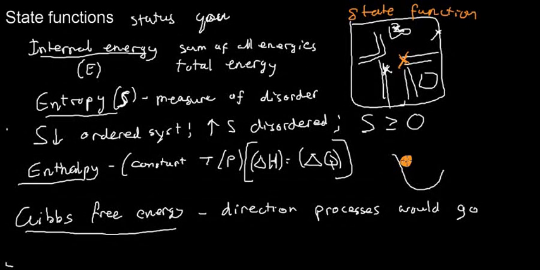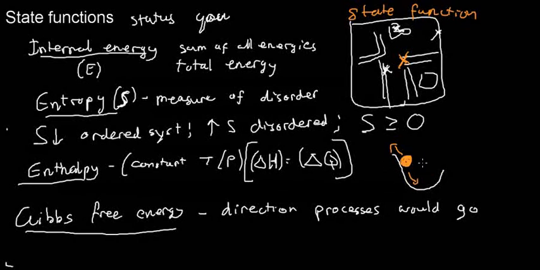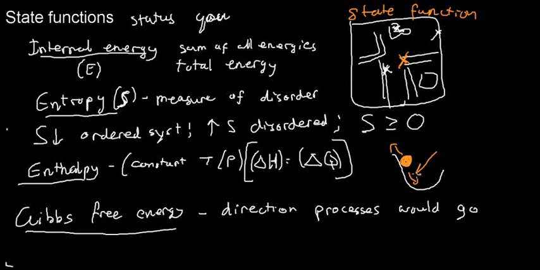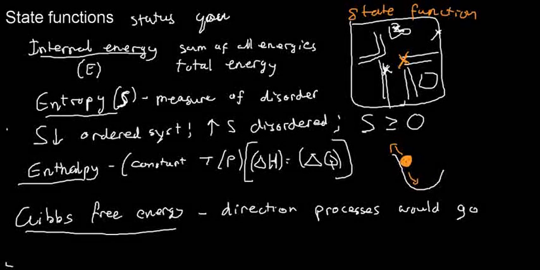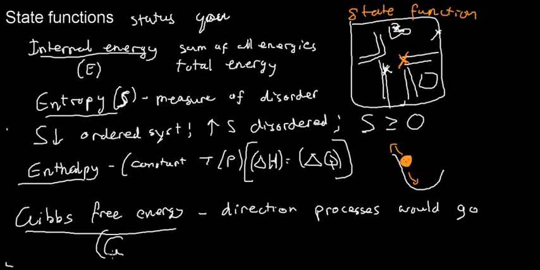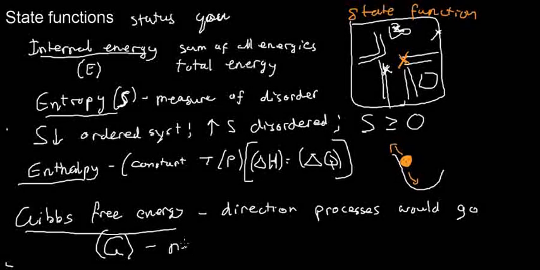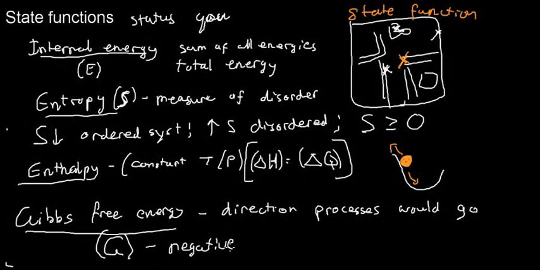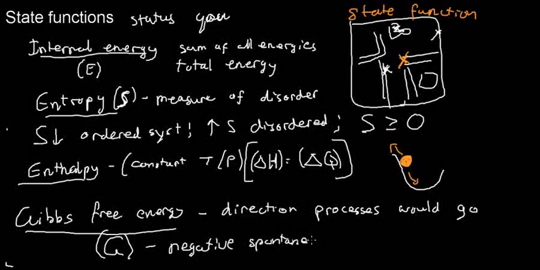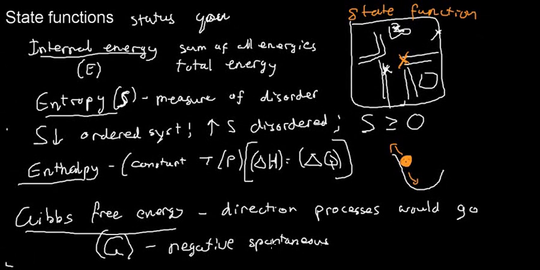So if I have two occurrences, either going down or going up, the Gibbs free energy of going down is going to be negative. Whenever Gibbs free energy, denoted by G, is negative, we're talking about a spontaneous process. It does not require energy.